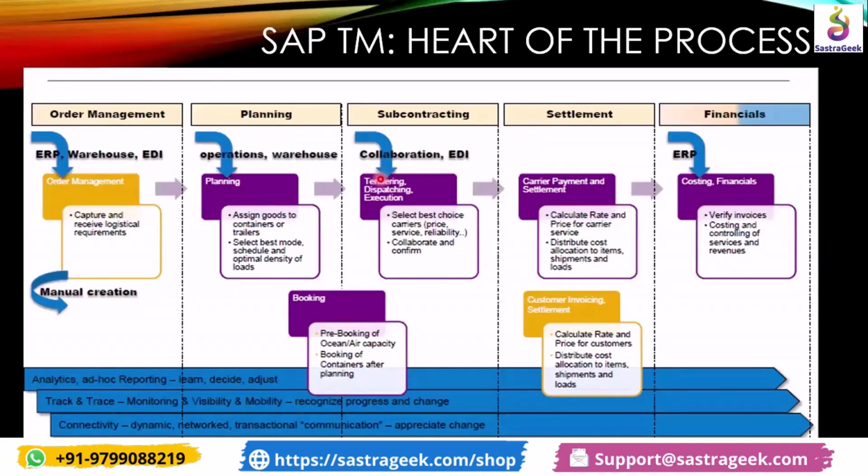And that is where your execution actually happens at the ground level, from going from Delhi till it gets delivered to the Mumbai place. And that's how you complete your execution process, going further with the settlement phase. Now, this settlement phase is the one which actually helps you when you pay the relevant customer. When you actually pay, there are two kinds of payment that come into the picture.